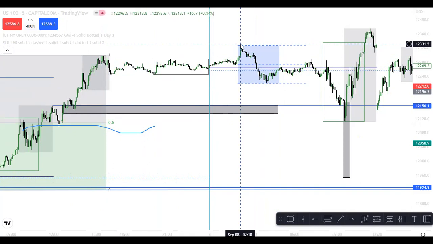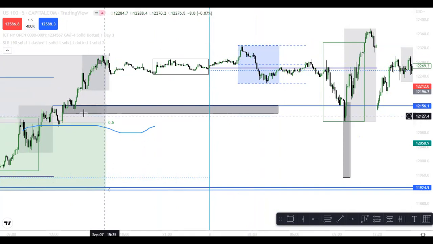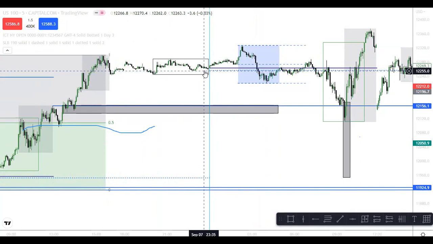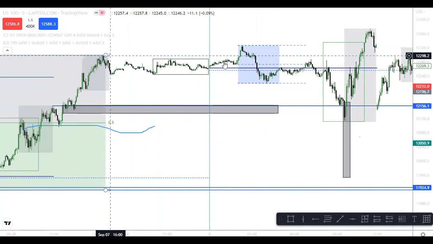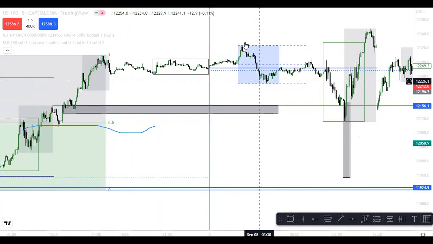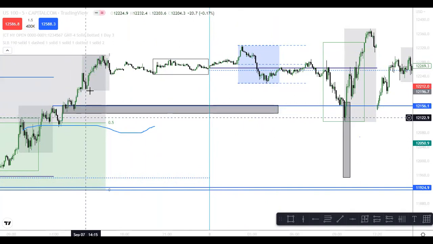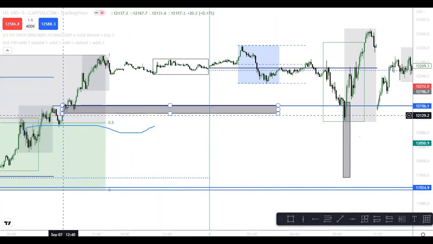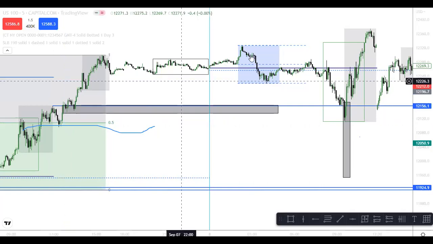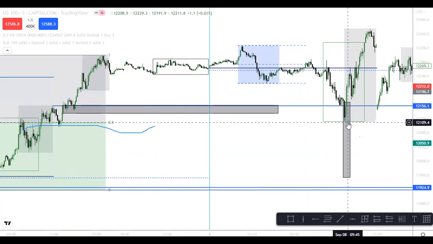Retracement seeking balance. Where are the imbalances? Down here. That's another key that you can use as confluence. If a dealing range is created and we're now expecting a retracement to an imbalance, this is fair value for buying. Do we have an imbalance? Imbalance. Allow the market to trade. Market comes down.